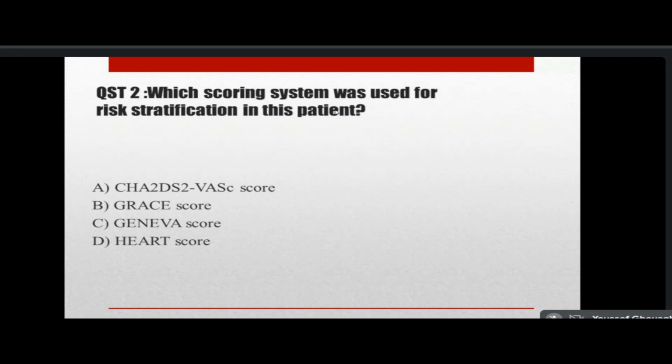Geneva score. One says C. Okay, we have C here.